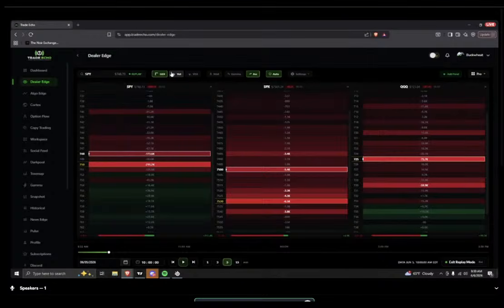Obviously it's a good way to de-risk and take some off the table, but you would have to decide that on your own. I can't tell you that you should take profits here, but most of the time, if I'm looking at Dealer's Edge and I see that it's accelerating more here, I might just hold it a little bit longer.